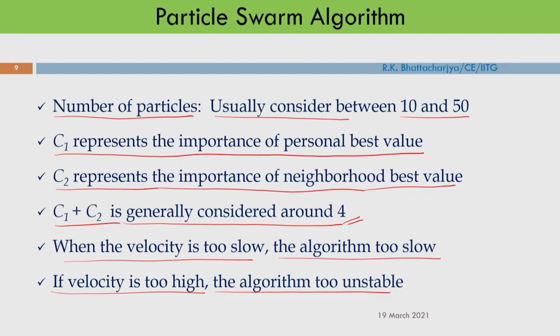Therefore, you have to choose the parameters in such a way that velocity is neither too slow, in which case it will take a lot of time, nor too fast, in which case the search process will be unstable.